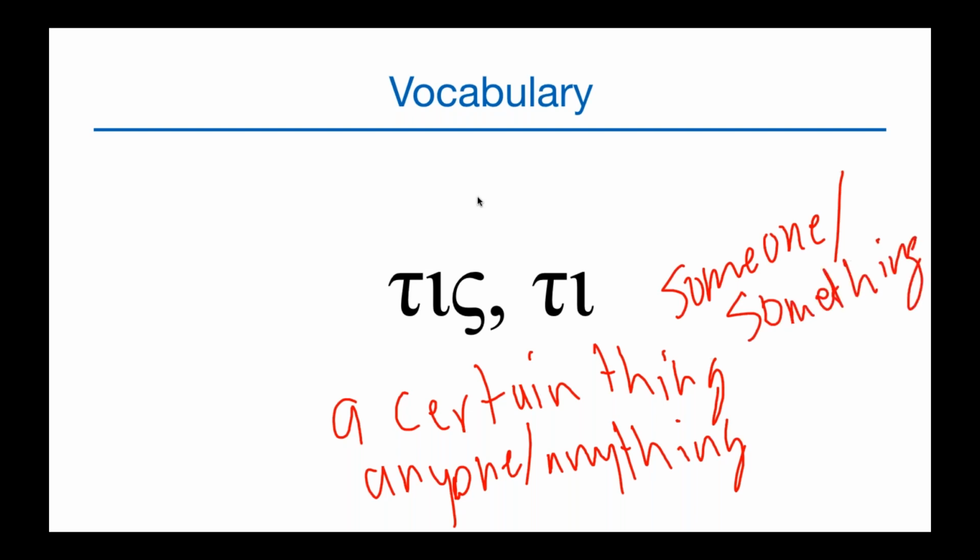Okay, so it refers to something specific, but it is not referring to it by name necessarily. Like when you read in Mark, a certain man, that's this term.